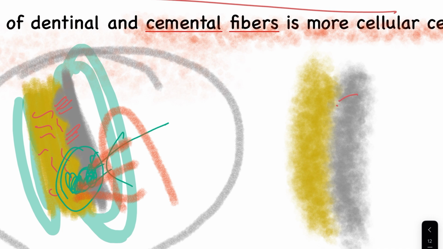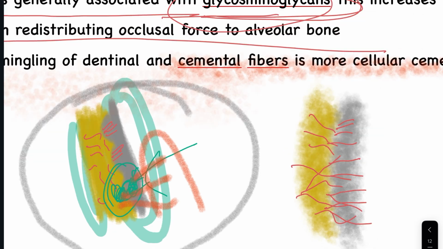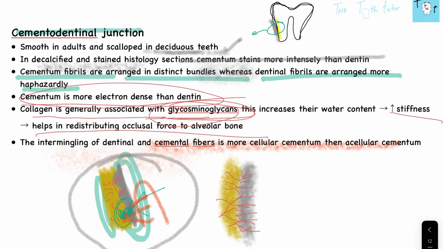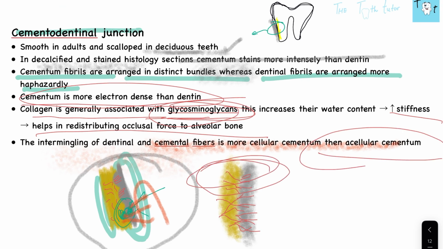This one is more organized and this one is more haphazard. So there will be some intermingling at some point over here. Even if they are organized, they will be intermingling. In acellular cementum, there will be less intermingling, so acellular would be like this, and in cellular cementum, there will be more intermingling between the fibers of dentine and cementum.